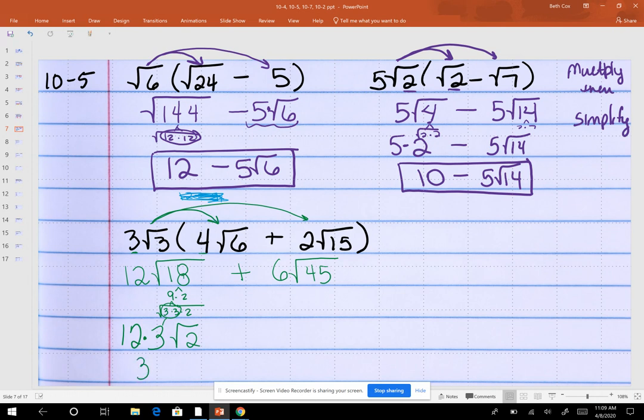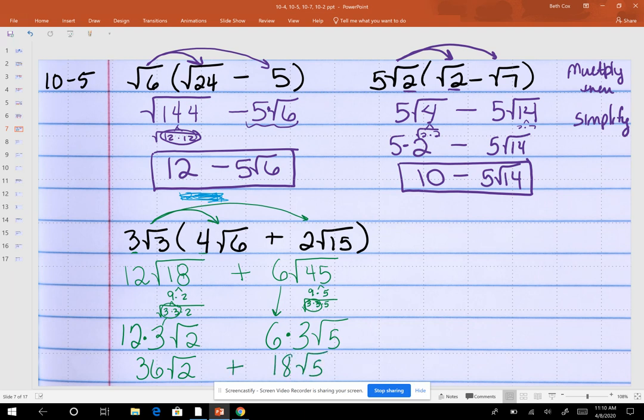So that's going to give me 36 square roots of 2. And let's do this other one. Remember, the 6 is already out. That's 9 times 5. And then the 3 gets out. And then the 5 stays in. And that's 18 square roots of 5.